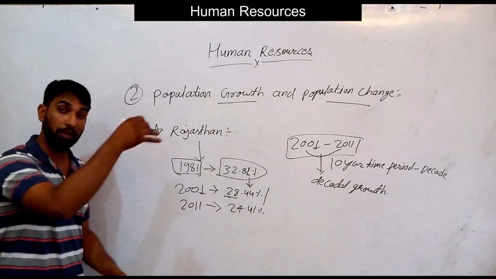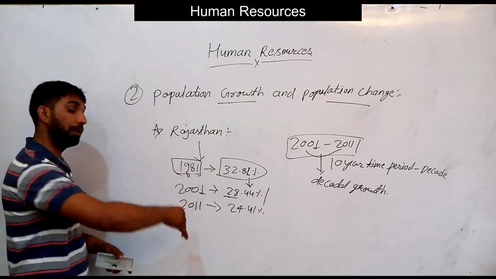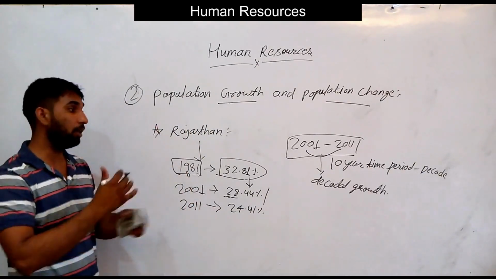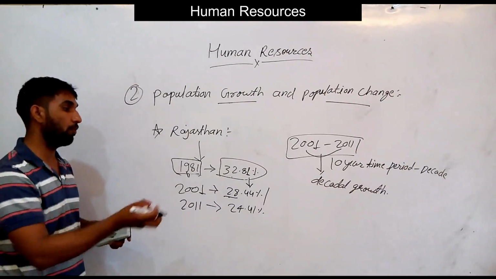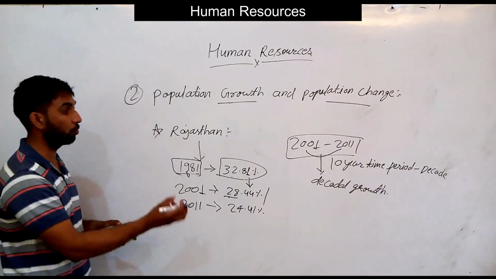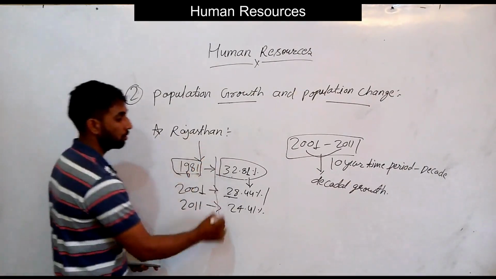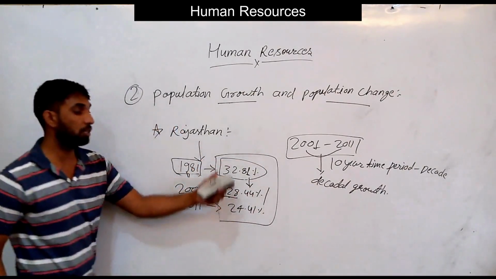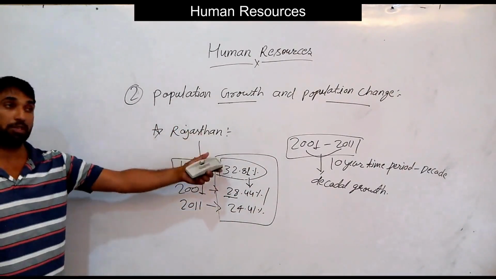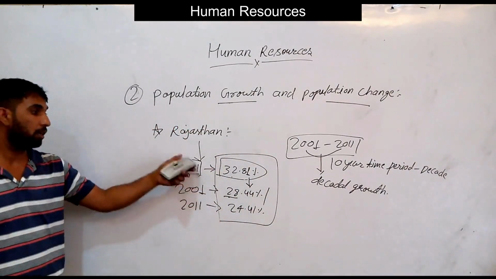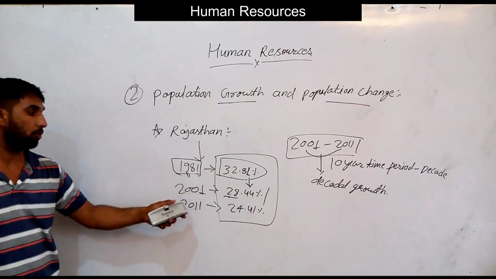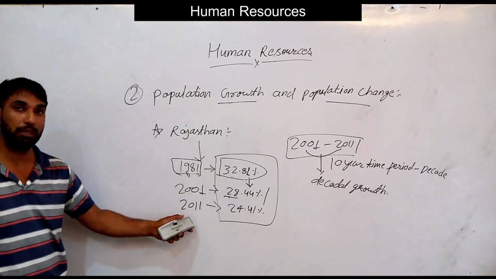So it will keep decreasing. Some percentage of the growth rate decreases every decade. This is seen as the change in Rajasthan's population growth and population change in 1991, 2001 and 2011.